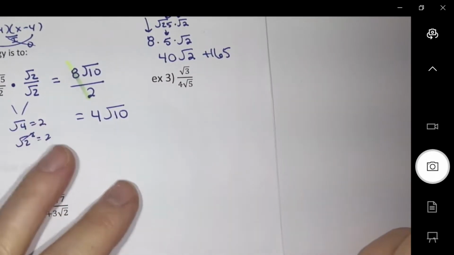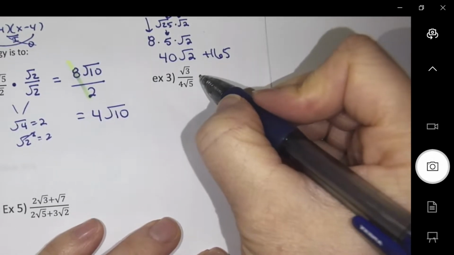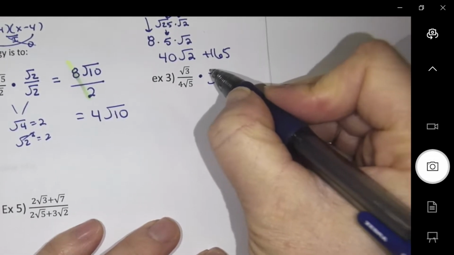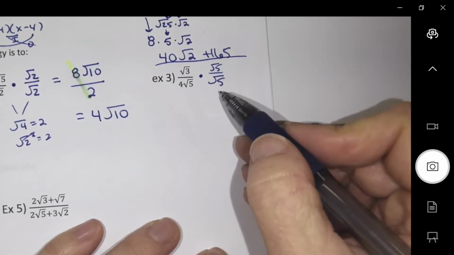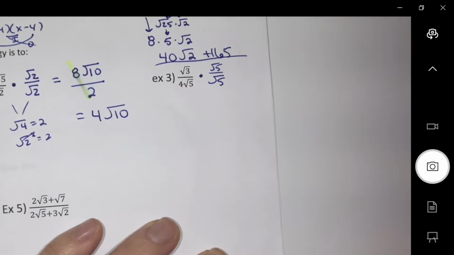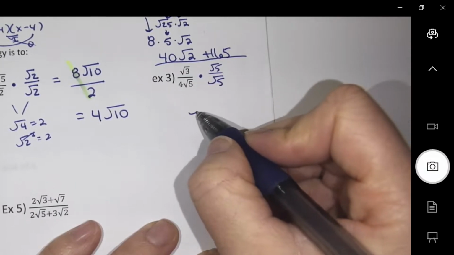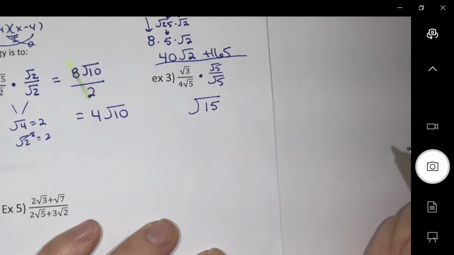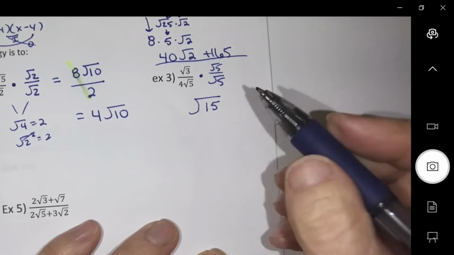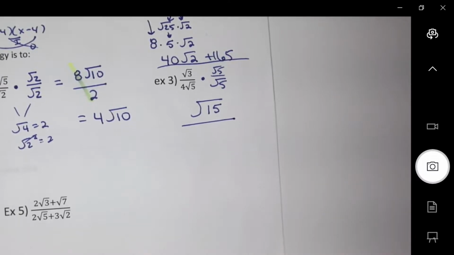Okay, number 3. So I don't like having a root 5 in the bottom. So I'm going to times it by a root 5, which means I'm timesing the top by root 5. So the top value is root 15. Okay.